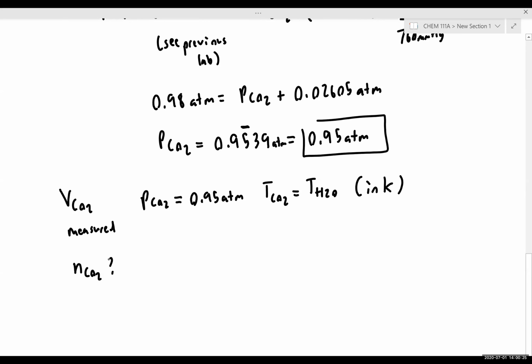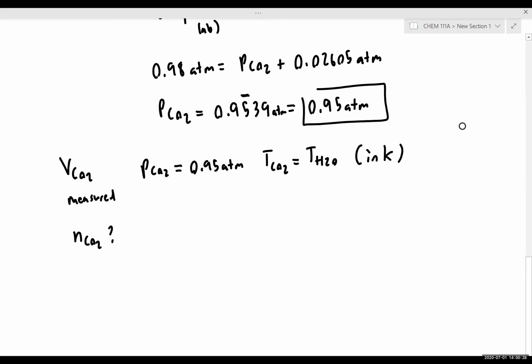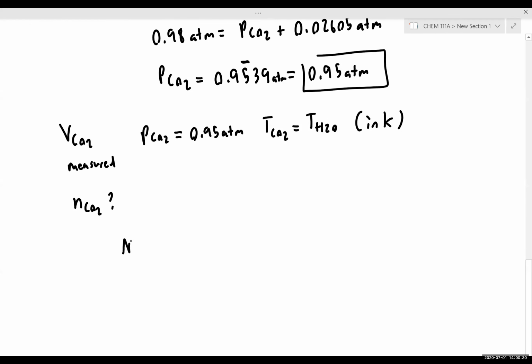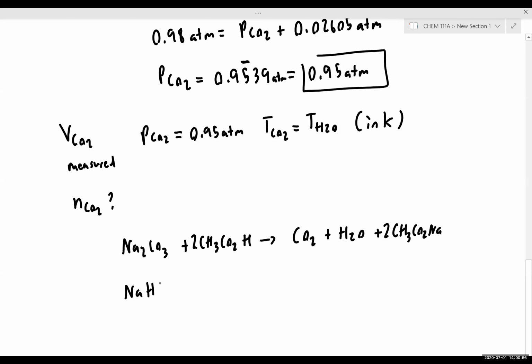Well, we know that sodium bicarbonate and sodium carbonate will react with acetic acid to generate carbon dioxide, water, and sodium acetate. The two chemical equations are shown here.